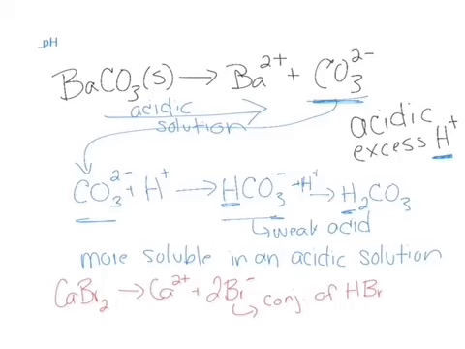So the fact that the Br minus here is a conjugate of a strong acid, it won't interact with water or acid to any extent. So this calcium bromide would not be affected by an acidic solution. There's no effect.